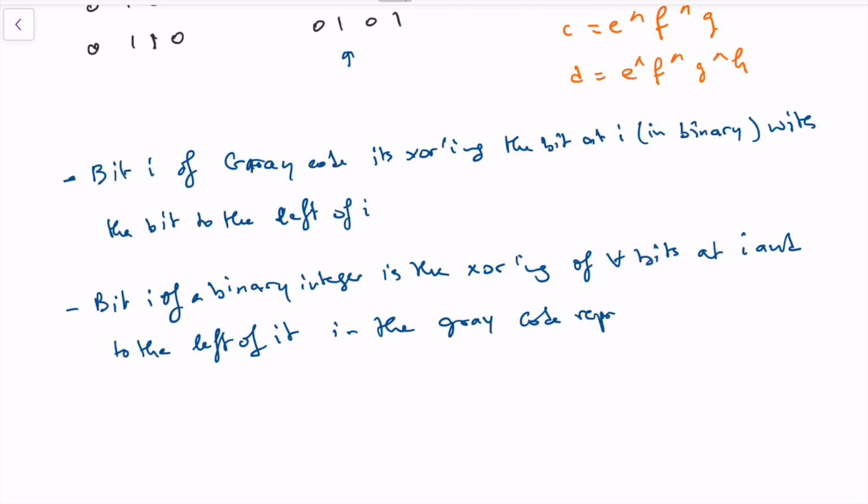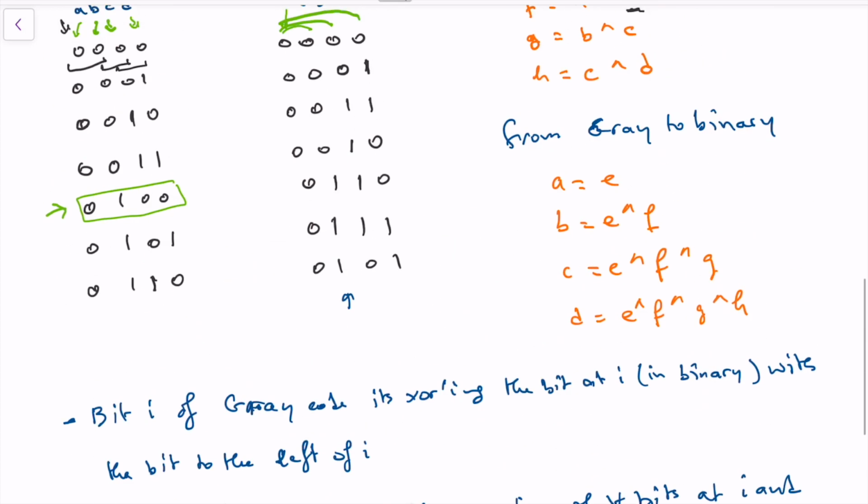So that's what we did here when converting from gray to binary.